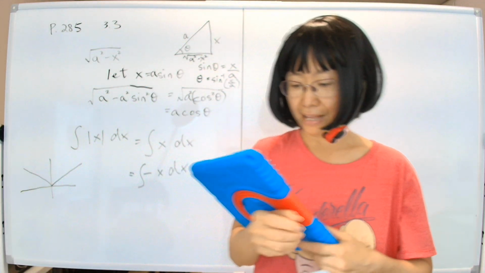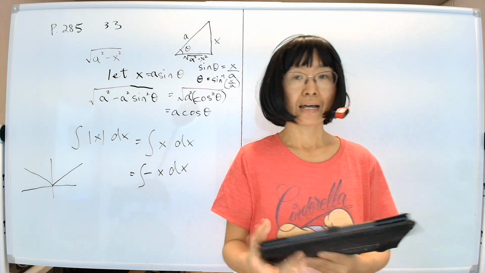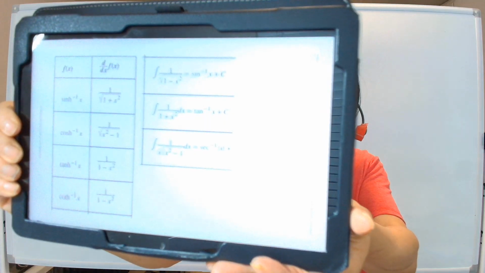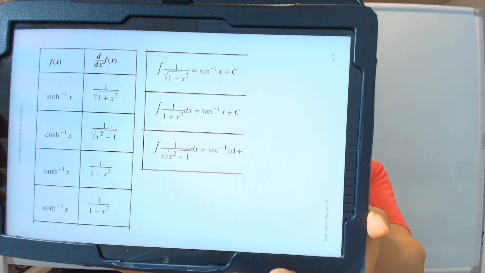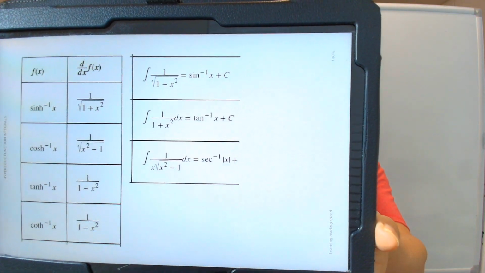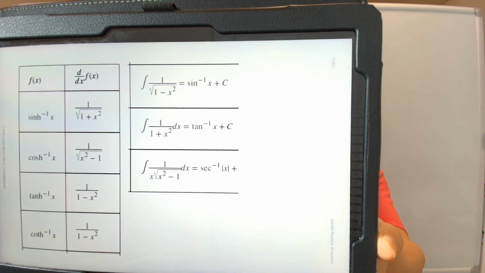Now how would you do that? The integral of 1 over the square root of a squared minus x squared is equal to sine inverse, as you can see there on top. There's only 1 here, but the 1 can be changed to a with a small amount of algebra.